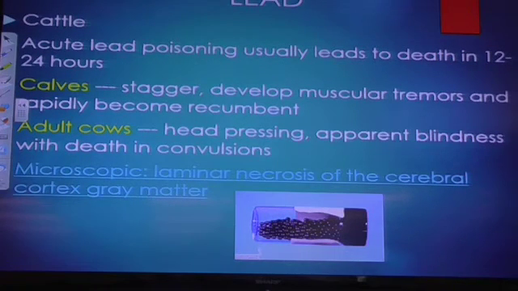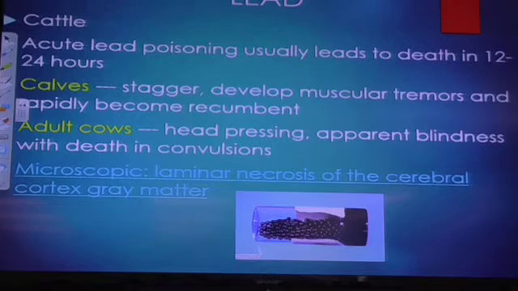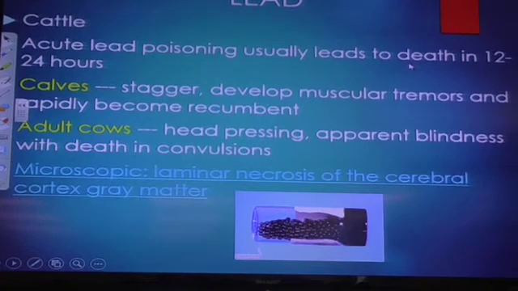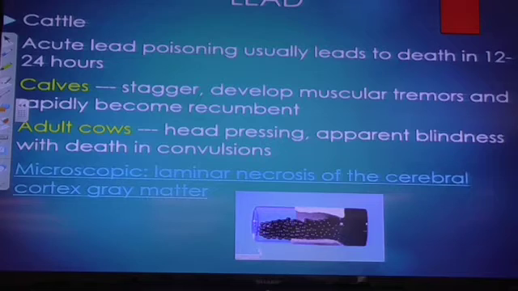The second toxin, we talked about it a little bit when we looked at the bone, and that's lead toxicosis. Acute lead toxicosis is pretty rare, and it usually leads to death within 12 to 24 hours of consumption. The difference occurs with the age.